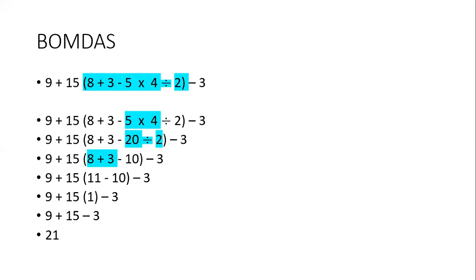When we have operations in the same priority, you realize that they're both of the same priority. They're addition and subtraction, so it doesn't matter. So let's look at it. We have 9 plus 15. 9 plus 15 is 24, minus 3 gives us 21, right? Or if we did the 15 minus 3, that would have given us 12, and 12 plus 9 is 21.